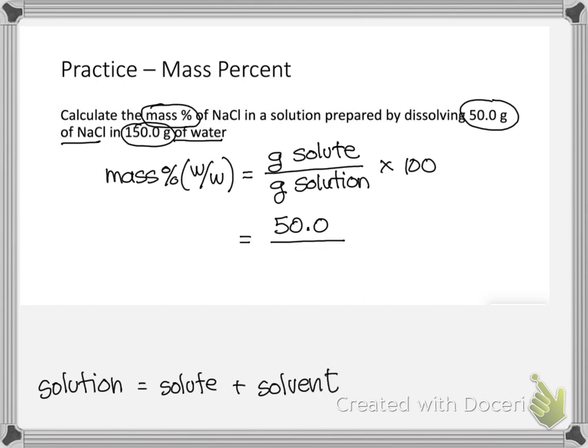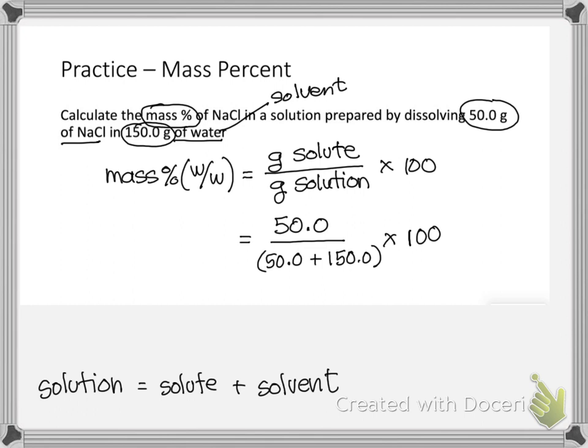And in mass percent, they often separate the two. In this case, they gave us the 50 grams of sodium chloride, that's the solute, and then 150 grams of water. That is the solvent, right? The solution would be both of those together, and they would use the word solution.